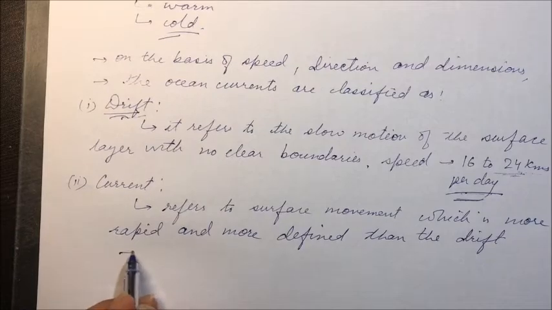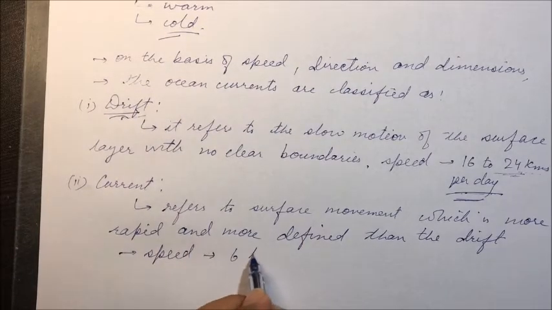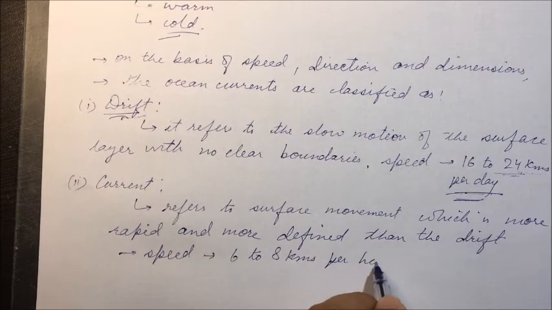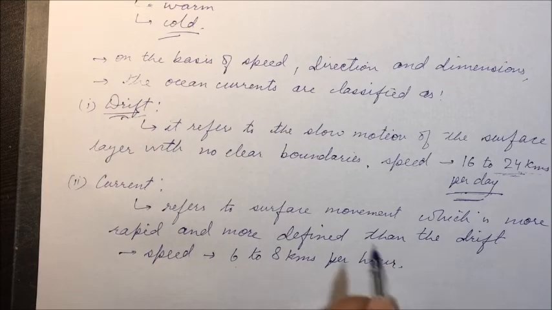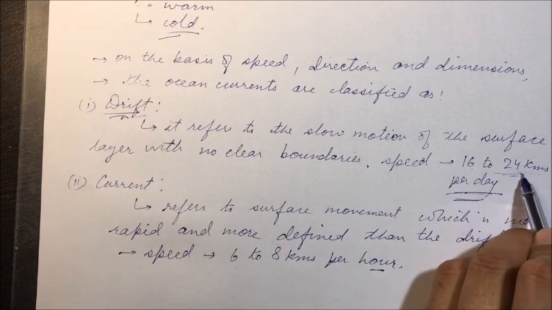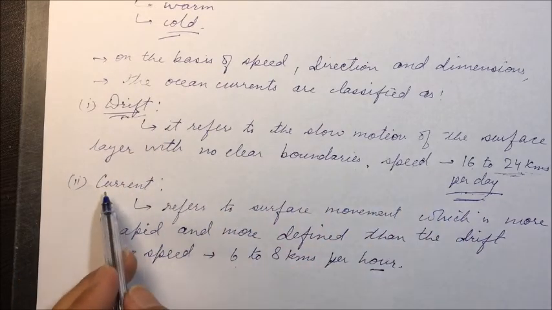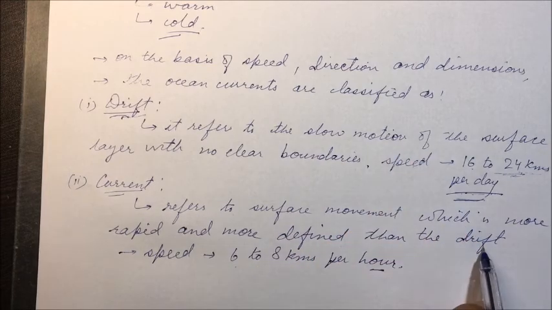And the speed of water here is around 6 to 8 kilometers per hour. But drift is around 16 to 24 kilometers per day. Drift is very slow motion of surface water, whereas current is rapid and more defined as compared to drift.